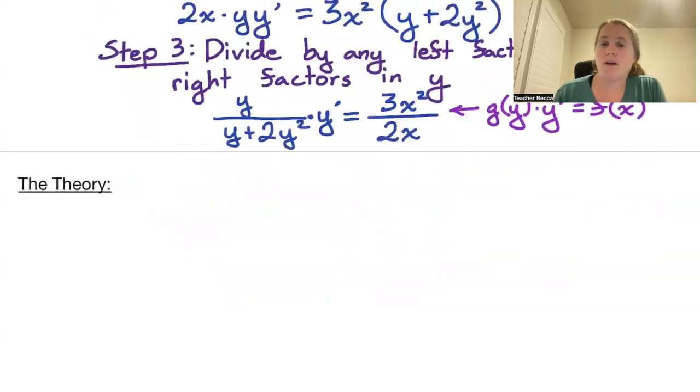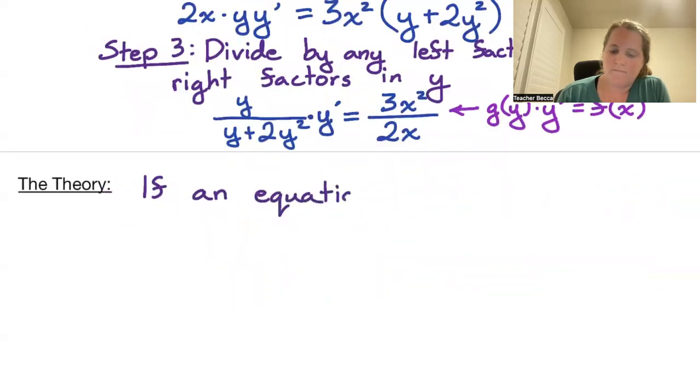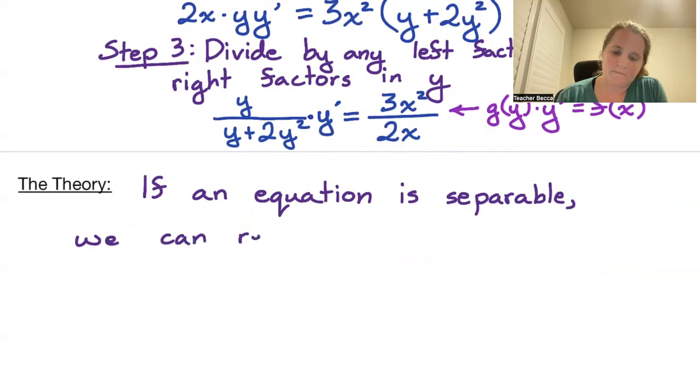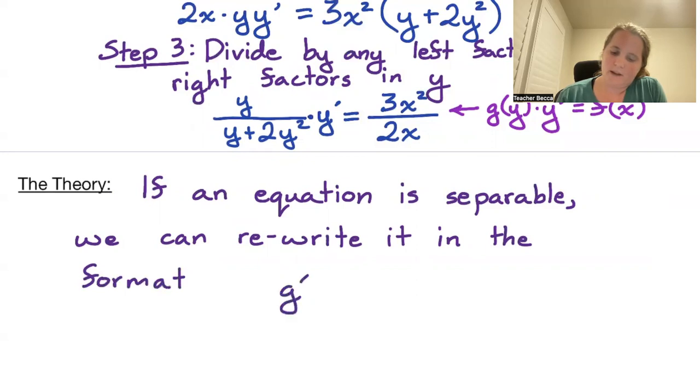So now what do we have here? Now we get into the theory. If an equation is separable, then we can rewrite it in the format g of y times y prime is equal to f of x.